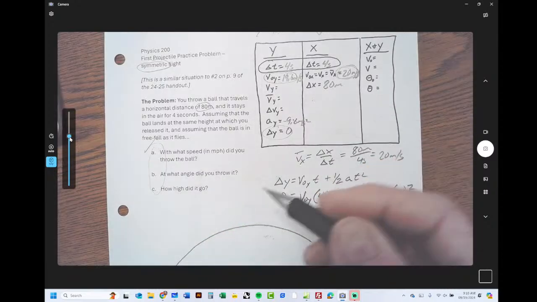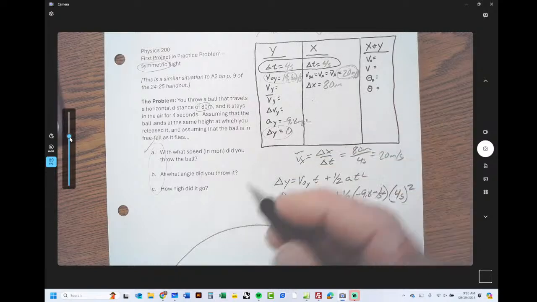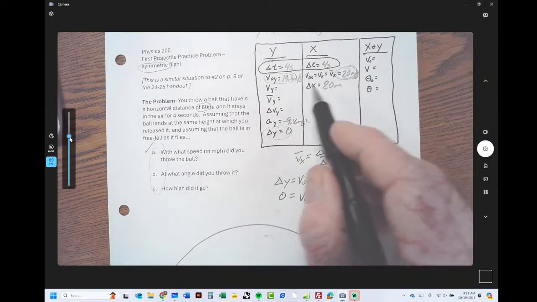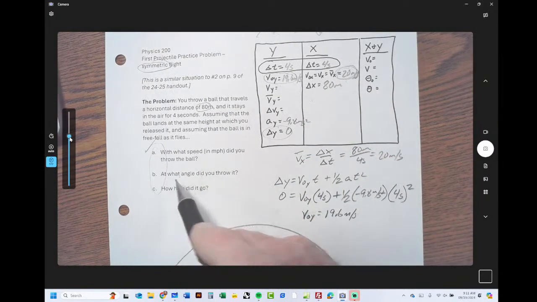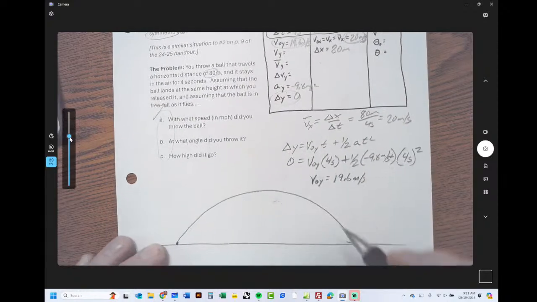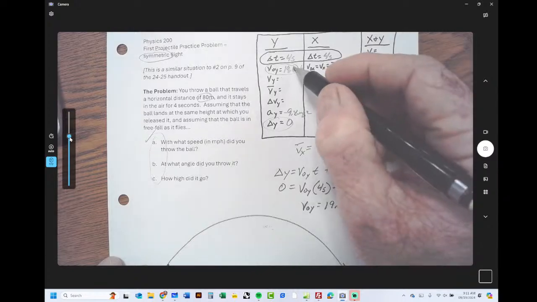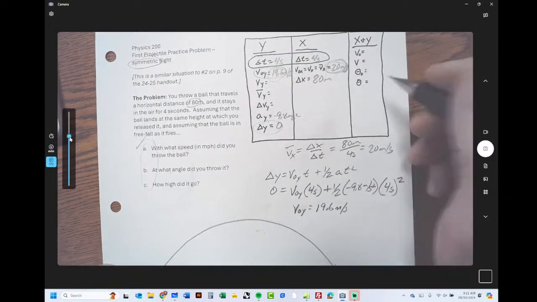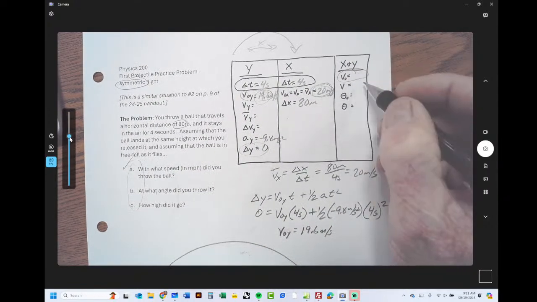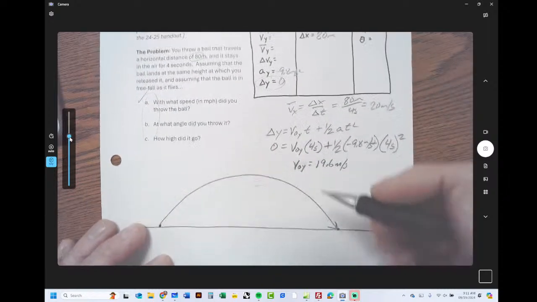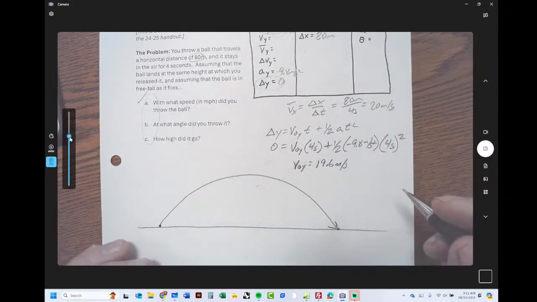I mean, we'll be able to do that in a minute. But just from those two things together, we can find the speed and we can find the angle. So, what do I do if I know the initial x velocity and the initial y velocity, and I'm basically trying to find the initial velocity? How do I add those two? Like, how do I do it? Anybody know? Can you picture what I'm about to do?